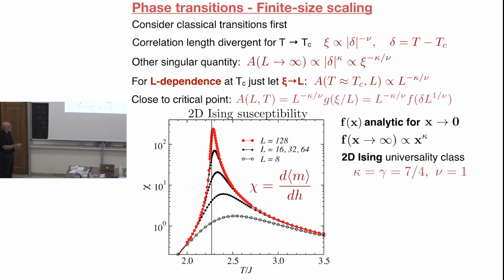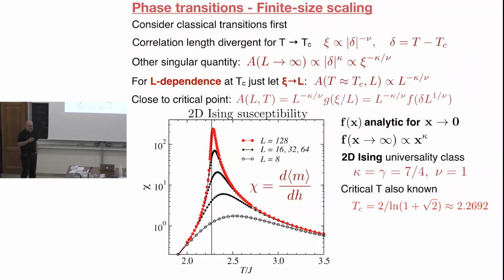I made a mistake here. So this will diverge, so this exponent should be positive, right? So I should say minus kappa is gamma here, and gamma is just the conventional name for the exponent of the susceptibility. That's known to be 7/4, and the correlation length exponent nu that we also need is 1. And in this case, even Tc is known exactly, right, from Onsager's solution. We know what Tc is, and that's what's marked with the line here.